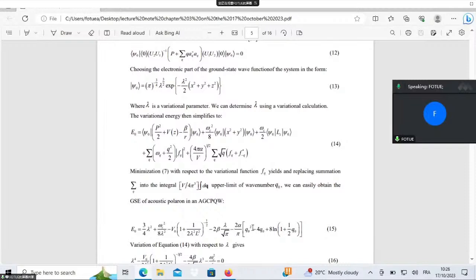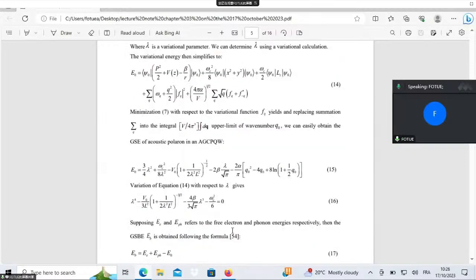Let us now derive this expression to eliminate the variational parameter lambda. If we try to eliminate the variational parameter lambda, we are going to derive this and obtain this equation in terms of lambda 4 minus V0 on 2 L square, this 1 plus 1 on 2 lambda square L square on minus 3 on 2 minus 4 beta on 3 square root pi lambda cube minus omega c square on 6 equal to 0.